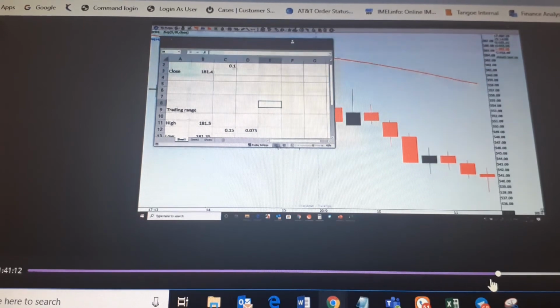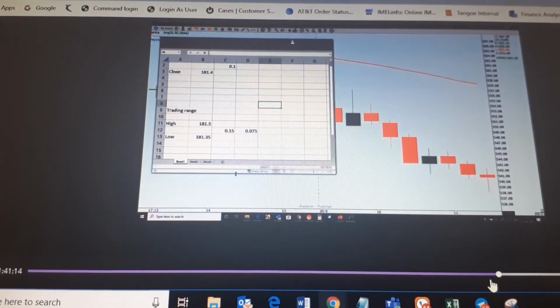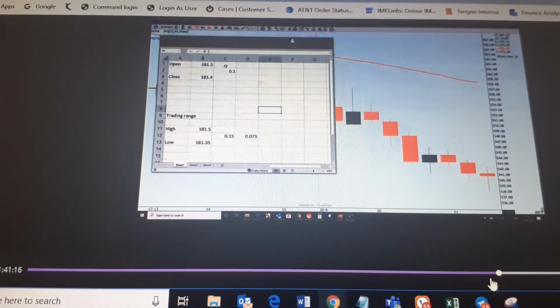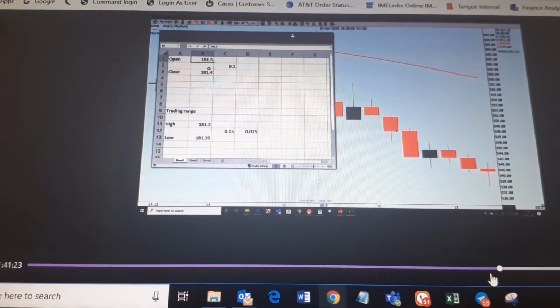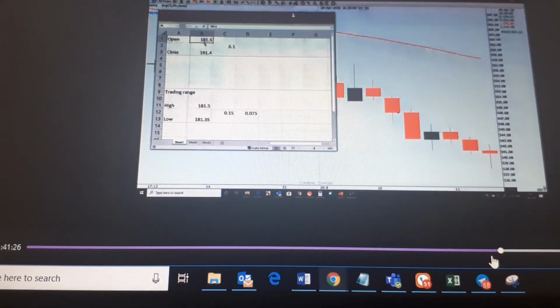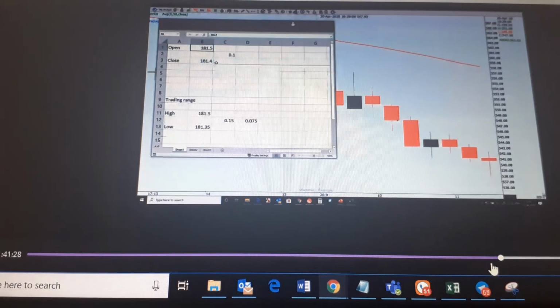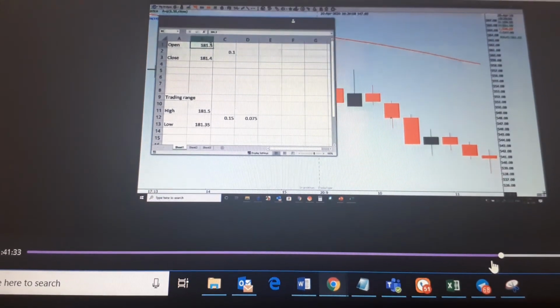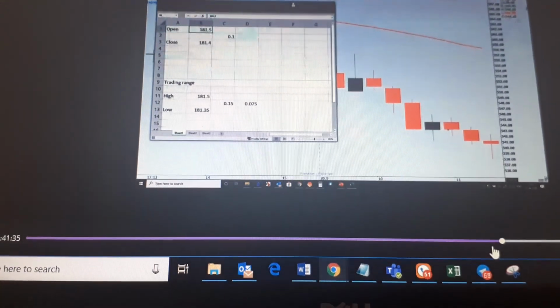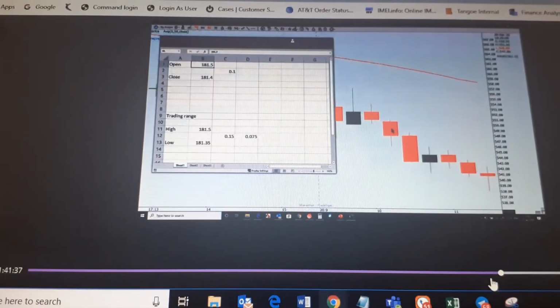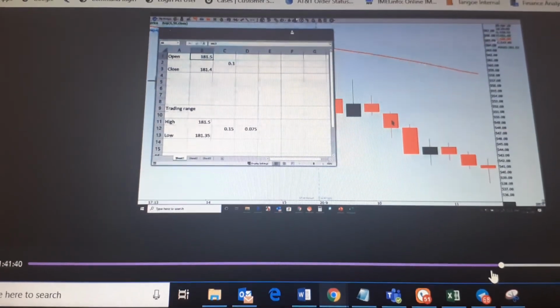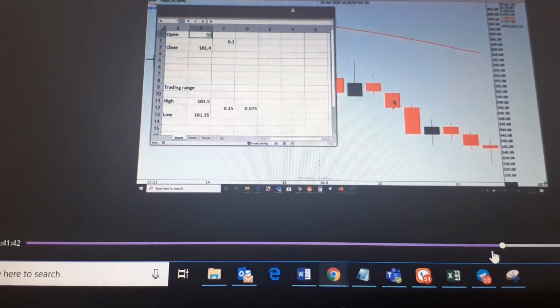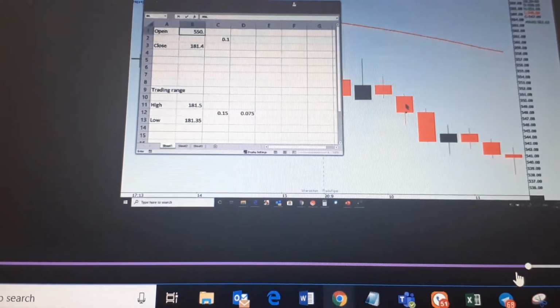Okay, so what I've done here is, I hope everybody is able to see this. I'm putting my cursor over here and I'm seeing the values from the right hand side. So what is the open of this candle? The candle opened at 550.55.